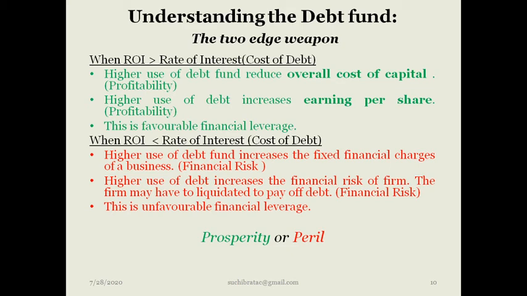So that is the positive one. Higher use of debt fund reduces overall cost of capital, which again impacts profitability. Higher use of debt increases earning per share, and in fact profitability. This situation is called favorable financial leverage.